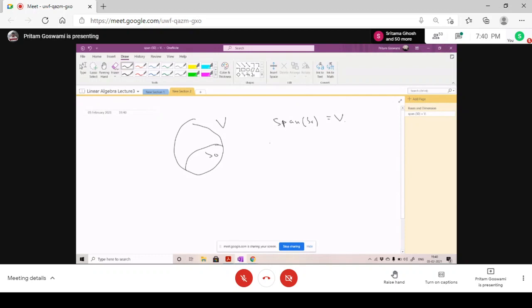Okay. Now, is S0 a basis? It is spanning the whole space, but is S0 a basis? It can be or it cannot be, because if S0 is not linearly independent, it cannot be a basis. Right? Yes, sir.